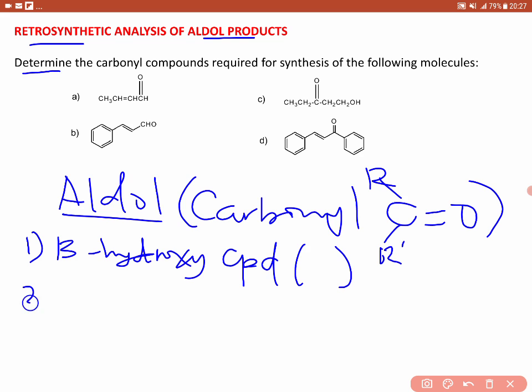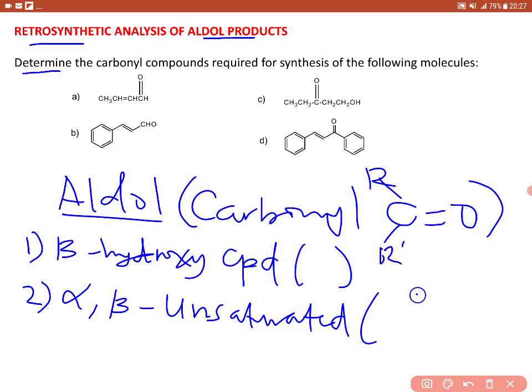And number two, the product can be what we call an alpha beta unsaturated compound, and again the unsaturated compound in this case can be a ketone or an aldehyde.